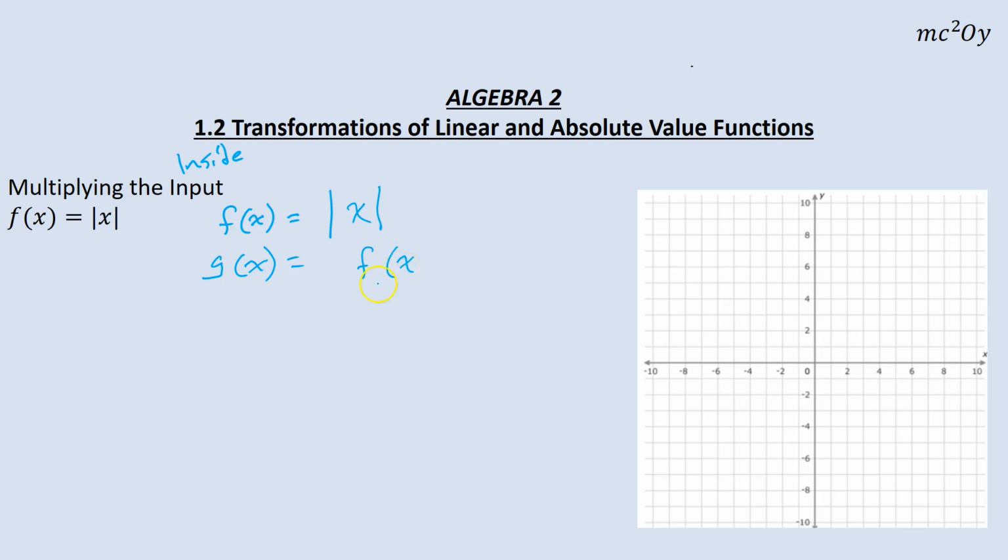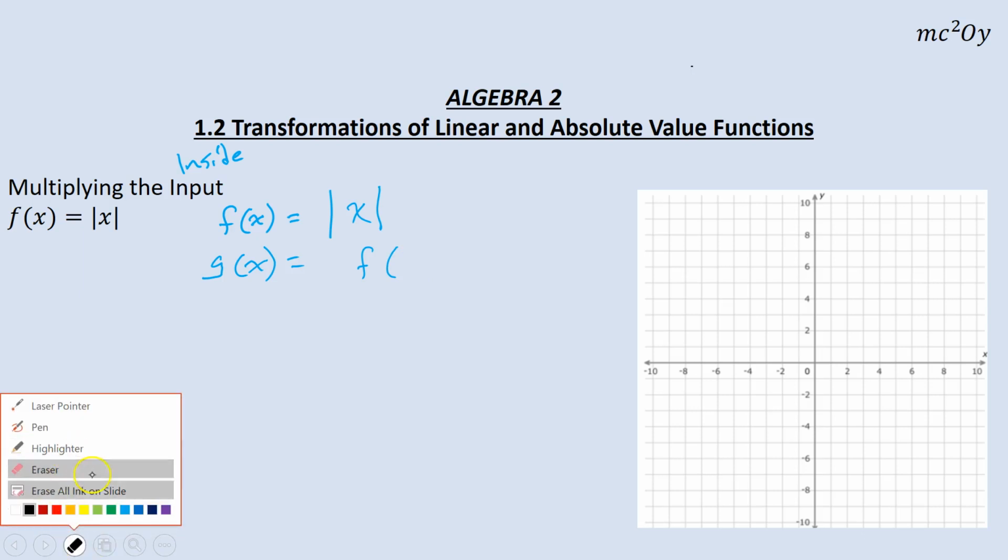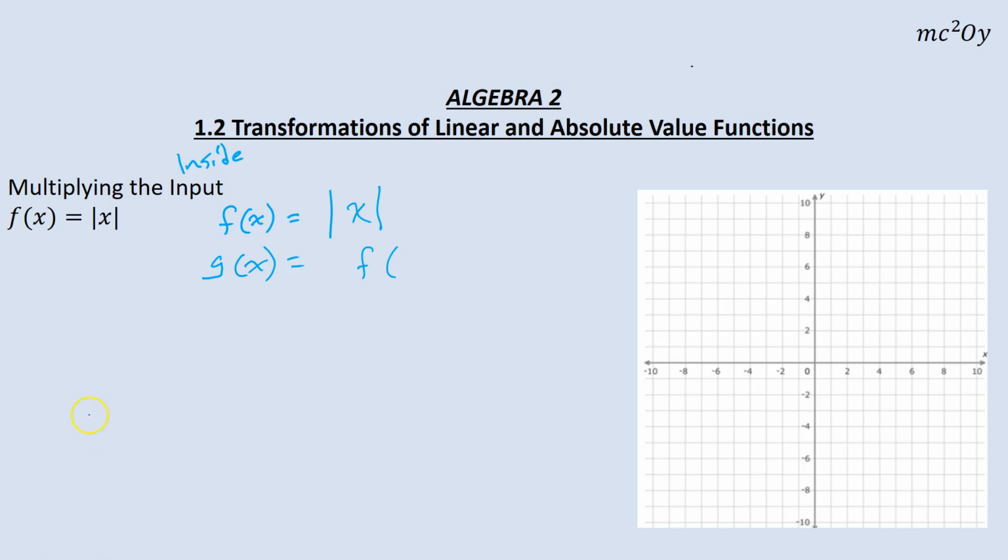But if I'm going to multiply the input, that really means rather than having the x in there, I'm going to go ahead and multiply that by something. And we'll go with 2 again. So this 2x is going to replace x here. So really we'll have absolute value of what was x is now 2x. That's going to be my g of x.